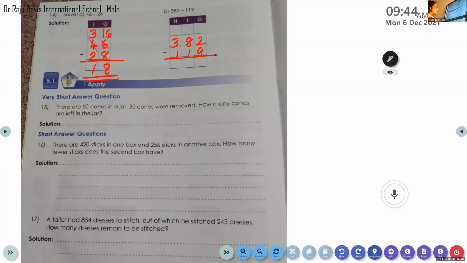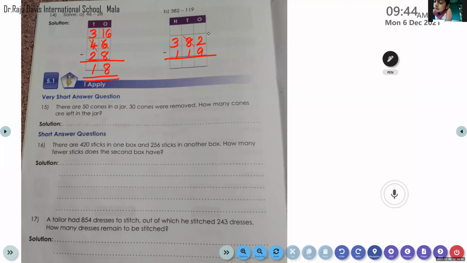So, we have to regroup. Which number is going to share here? The next number near to 2 is 8. So, 8 will become 7. Then 2 will become 12. Please write it like this.